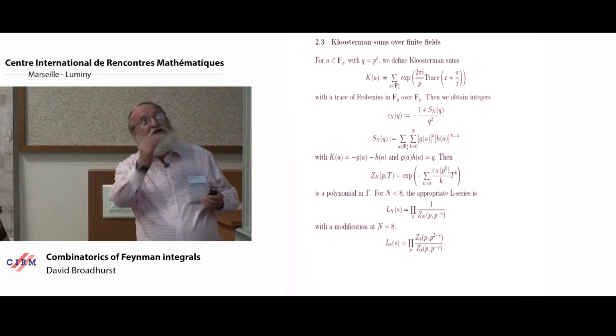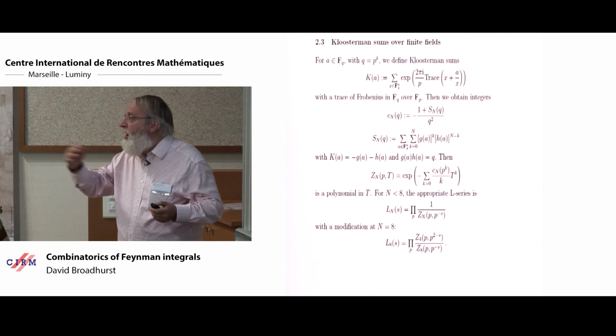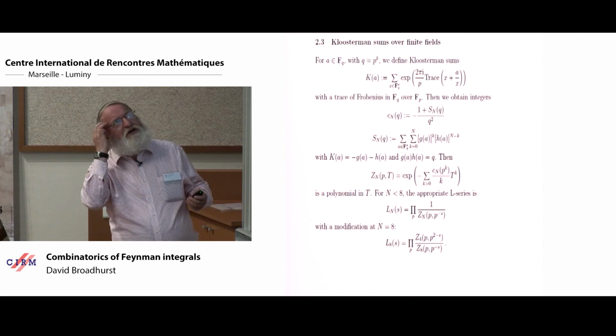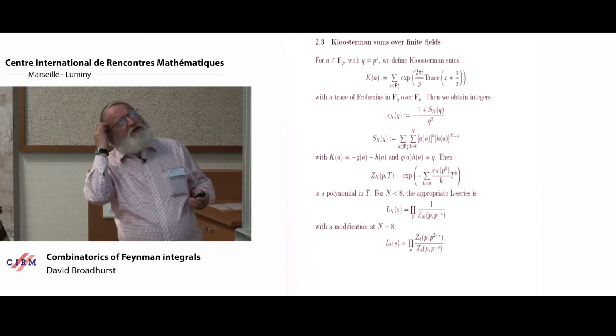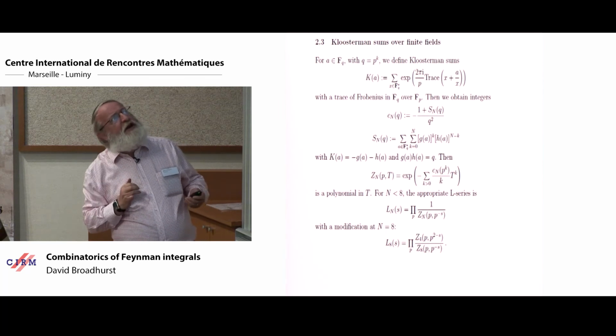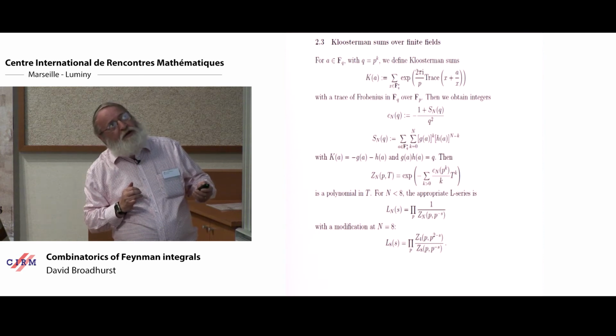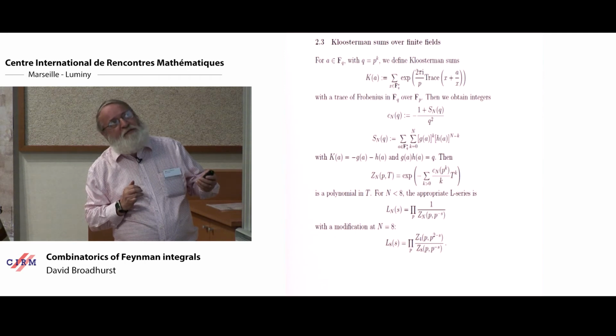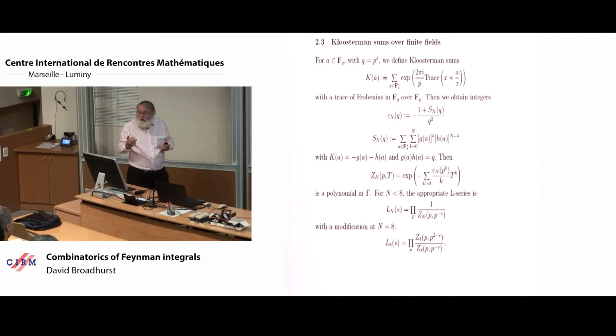So what I need to do is to take powers of k and sum up over all the elements of the field, and they take symmetric powers. Here's a complicated construction down here, but you split up k into g and h whose products are equal to q. But if you work that out, you can translate this directly into sums over the finite field of powers of this Bessel function. So this is pretty close to a Bessel moment.